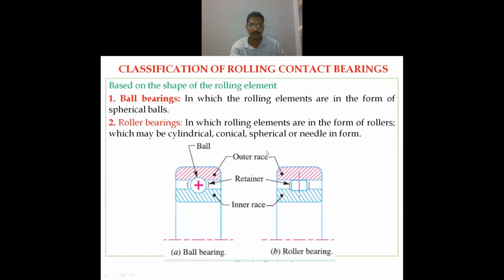You can find from the figure the ball bearing, a spherical ball, in between the outer race and inner race. Whereas in roller bearing you can find a cylindrical, conical or needle form of roller between the outer race and inner race. Here the roller you can find.